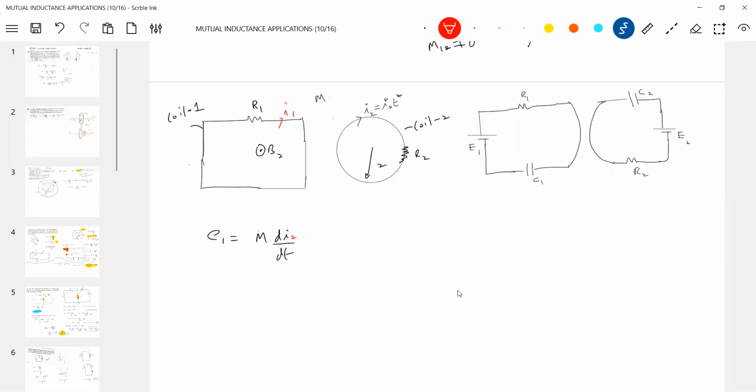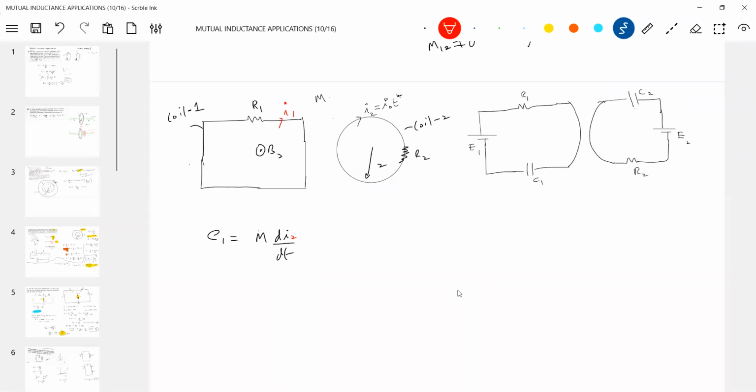Then there will also be the self-inductance of this coil. The self-inductance of coil 1 will also come into the picture. So what is the total EMF induced? Since a current I1 is flowing in this coil, will there be any EMF generated due to it? Yes, there will be some self-inductance of this coil.